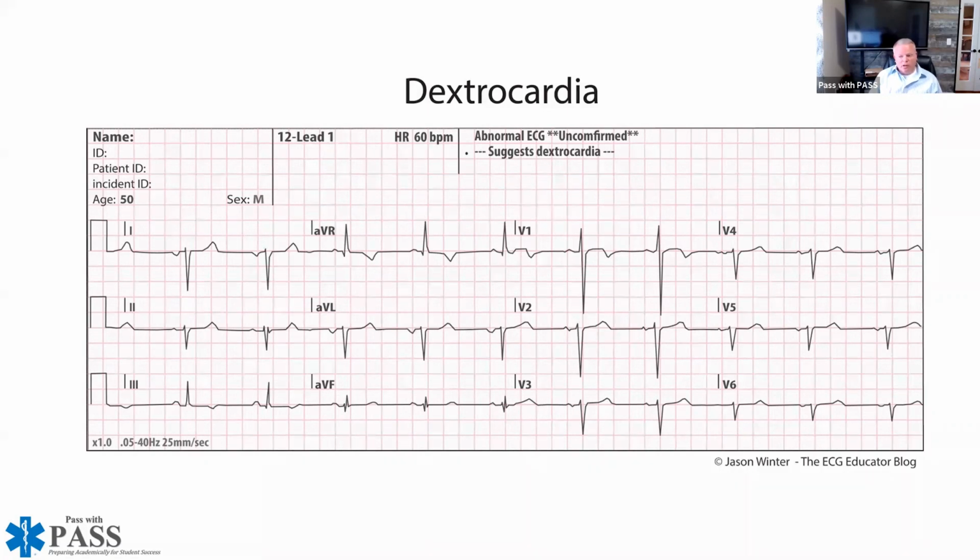But Dr. Spellman was the ED physician that day, and we talked to Dr. Spellman about that and asked him, okay, in the future, how would we do this? And he said, you would do it the same as you normally would, just in the reverse. So you would have to flip your limb leads, you would have to flip all of your V leads.